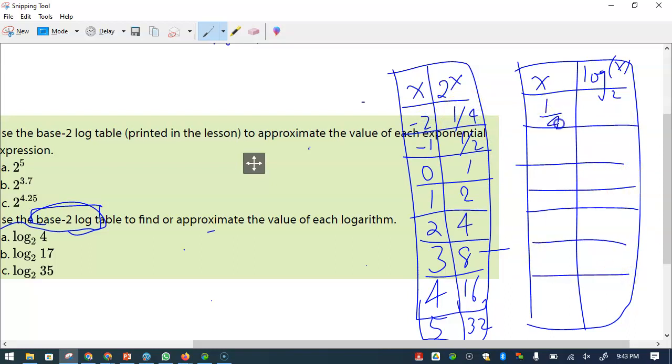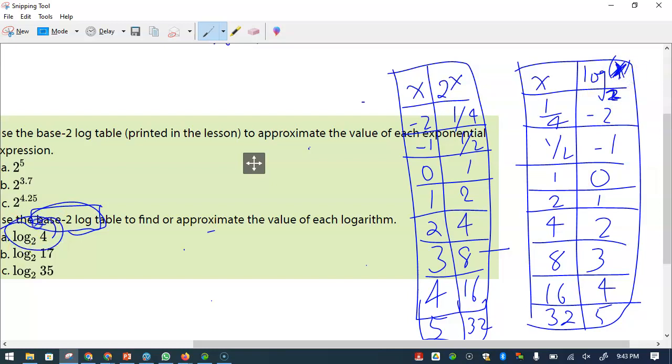If it is 1/4, the answer is minus 2. If it is half, it is minus 1. So input and output become output and input. So 8 goes to 3, 16 goes to 4, and 32 is 5. So logarithm means asking the question: how many times do you multiply 2, the base, to get whatever input is right here? Okay, let's go.